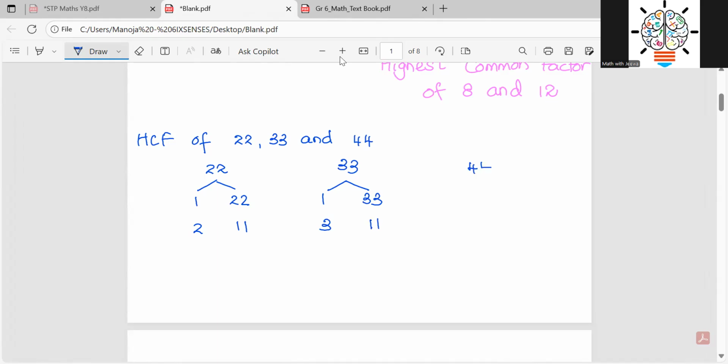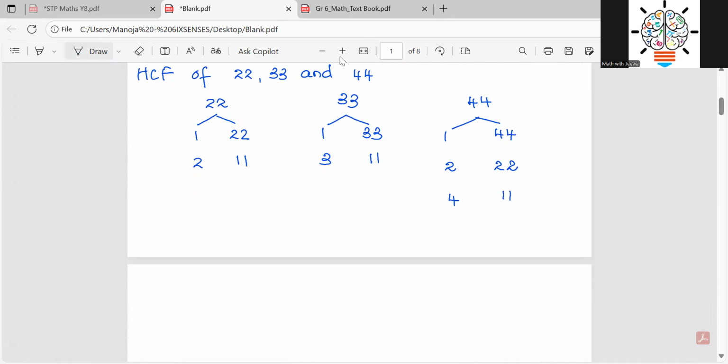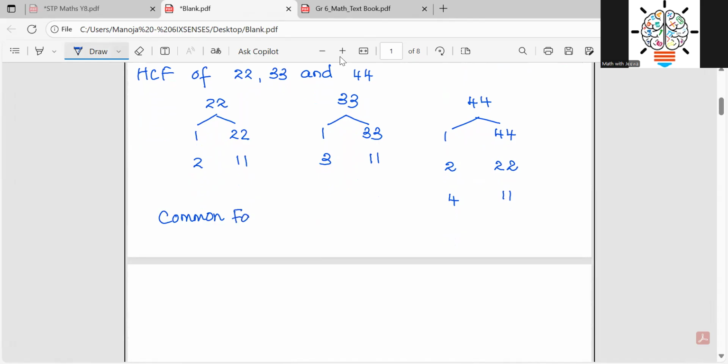Then I write 44: 1 times 44, 2 times 22, 4 times 11, right? Then I list down the common factors for all of them. Common factors of 22, 33, and 44, and I open the curly bracket.